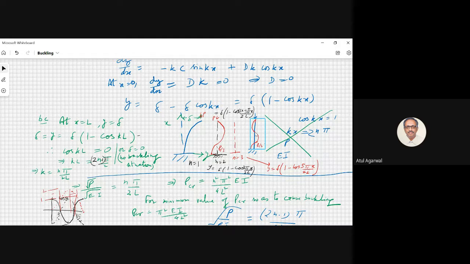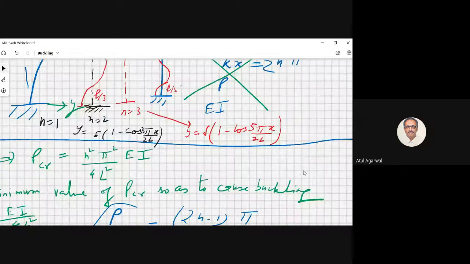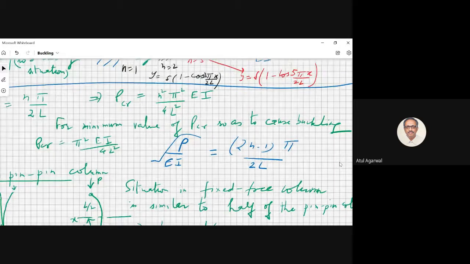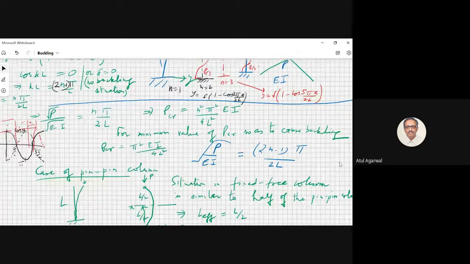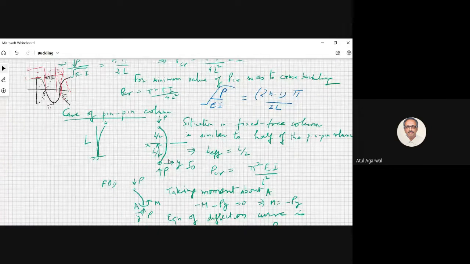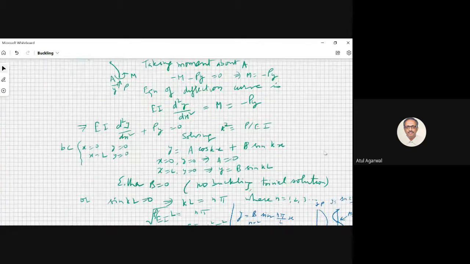So you see you have constrained the column here by making your deflection go to 0 here. So this was the pin column situation, and this was the case of fixed free column. So this we have already done.